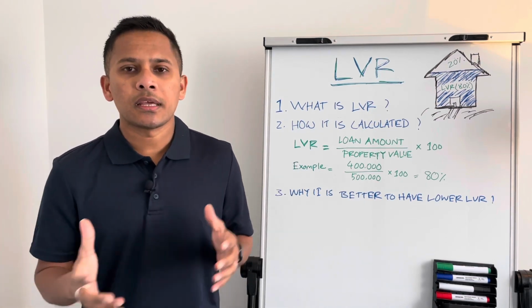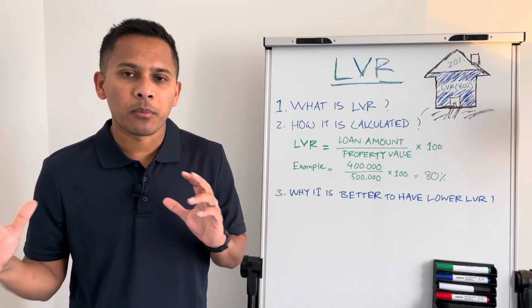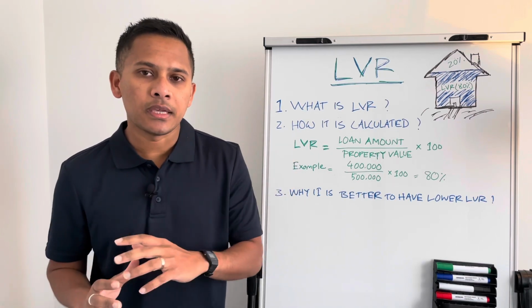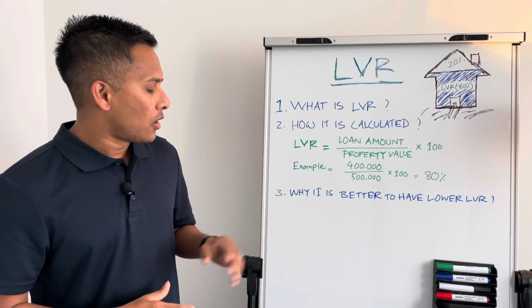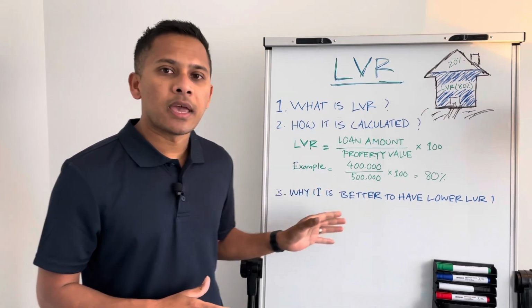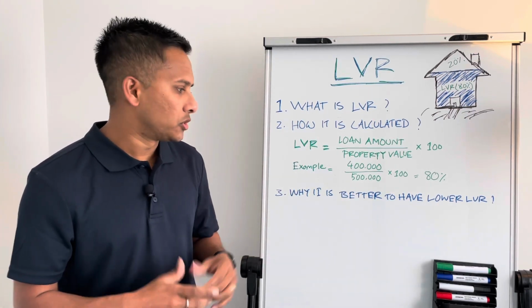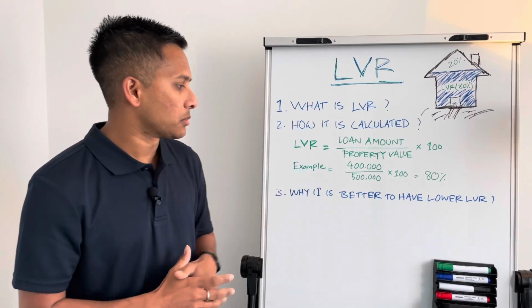It's basically an insurance to protect the bank if anything goes wrong. The bank normally passes that fee on to the customer, who pays at settlement. So the benefit of a lower LVR is you save the cost of LMI, which can be around $10,000 to $15,000 depending on your purchase price.